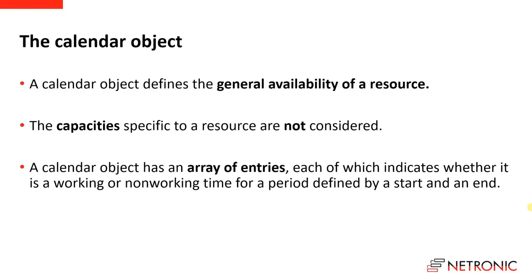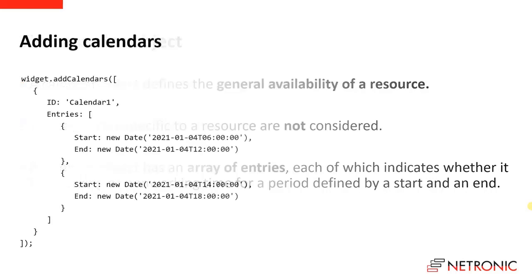It's only an array of entries, and each of these entries indicates whether it is a working or a non-working time for a period defined by a start and an end date.